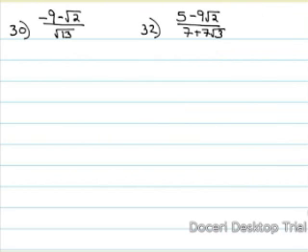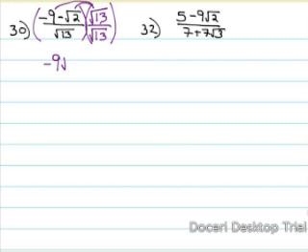Number 30, very similar to the last one. Again, we have to rationalize the denominator, so we're going to multiply by the square root of 13 on the top and the square root of 13 on the bottom. On the top here, we have to distribute a little bit. It's a little backwards, but that's okay. So we're going to have negative 9 square root of 13 minus square root of 26. On the bottom here, square root of 13 times square root of 13 is the square root of 169.